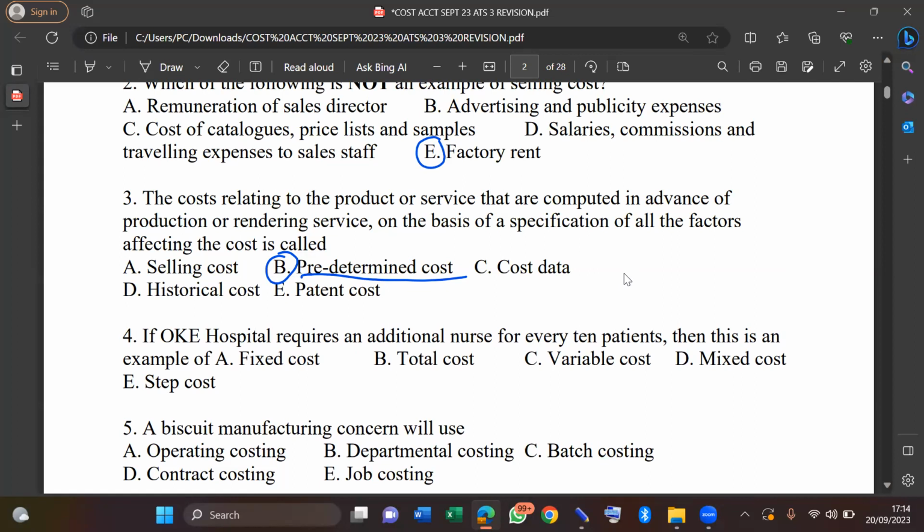The correct answer is predetermined cost. A selling cost is the cost of selling a product. Cost data is information about what we have spent, the total cost of producing a product.